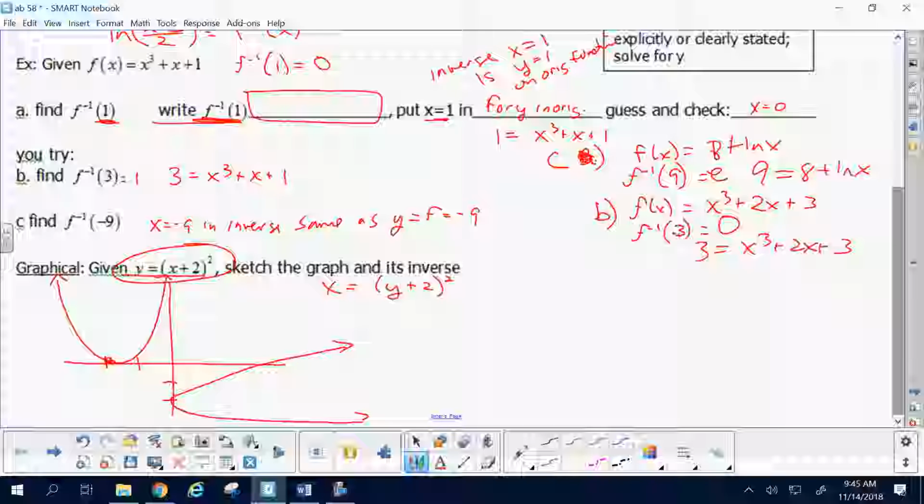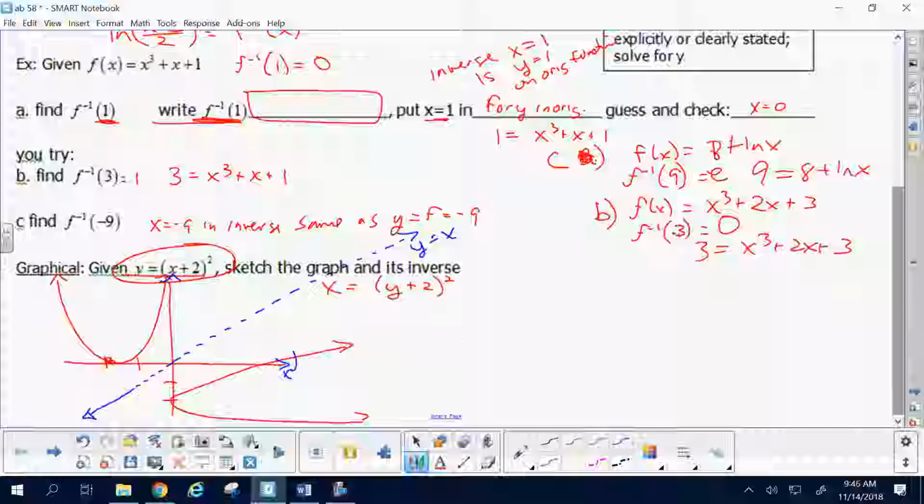Now, if we talk about the relationship between a function and its inverse, there's symmetry to it. Across a line. Across what line? Well, it's a perfect reflection across y equals x. Now that makes total sense to me, because what do we do when we find an inverse?